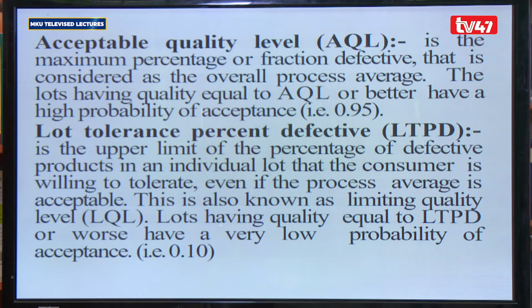Then we have some other terms that we shall come across in our learning, and this is what we refer to as the acceptable quality level, and this is the maximum percentage or fraction defective that is considered as the overall process.